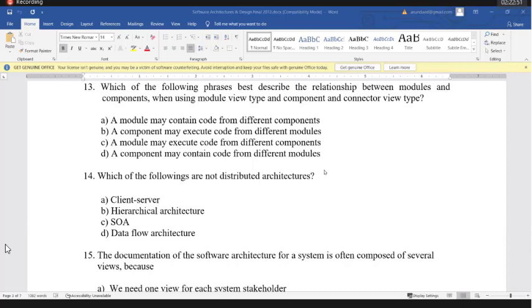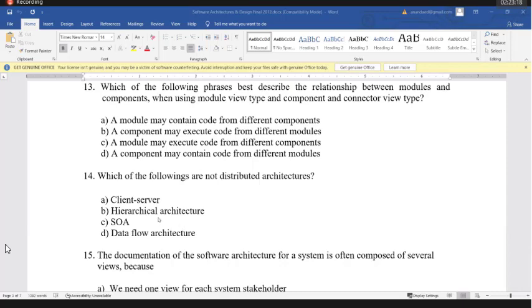Client-server architecture has one or many clients connected to one or many servers. Each server is providing some kind of functionality or service to the clients. So client nodes and server nodes are distributed components connected to the network.